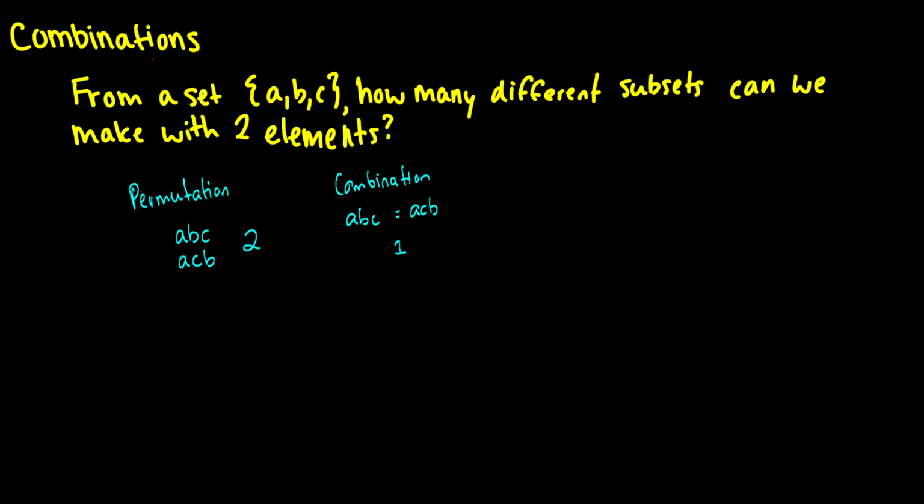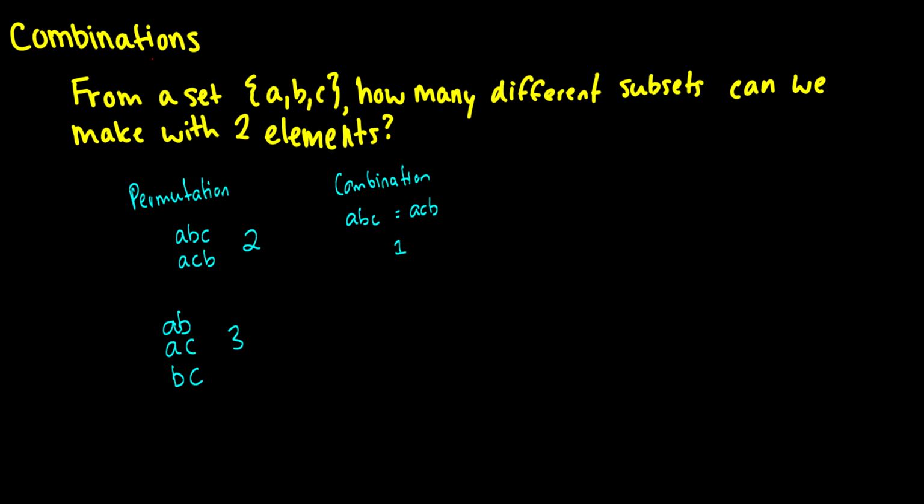So now that we've dealt with the differences here, how many different ways can we make a subset with just 2 of the elements? Well, let's just list them all. So we can have A and B together, we can have A and C together, we can have B and C together, so these are 3 different ways.